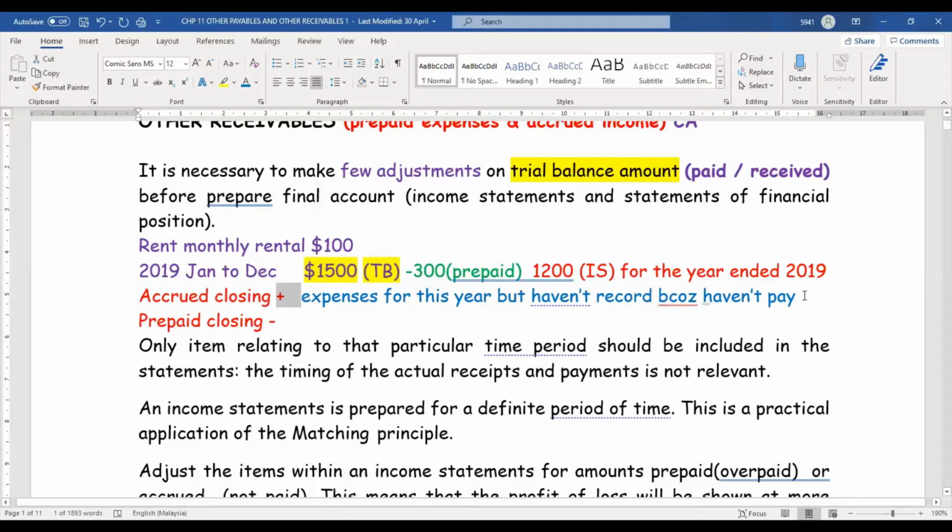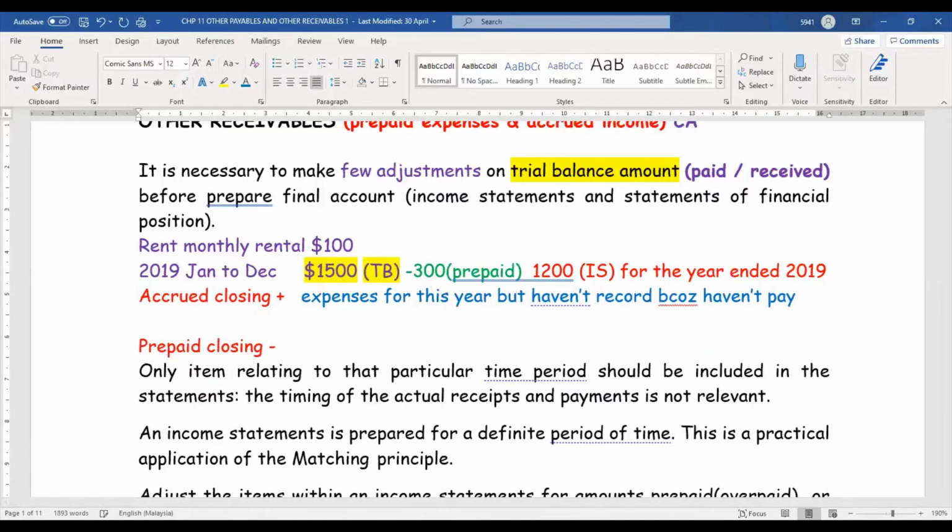For the example just now, I go back to my previous example. I paid 1,000. I didn't pay my accrued. Accrued is 200. So how much is my expense for this year? 1,000 I paid, 200 I was supposed to pay but haven't paid.